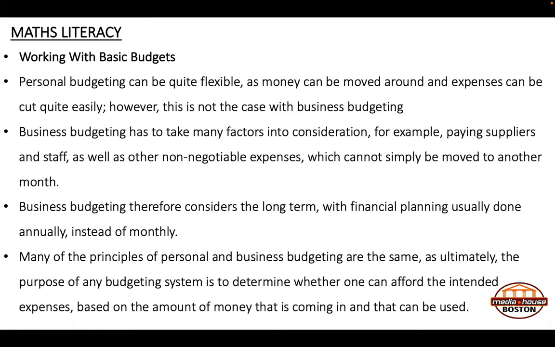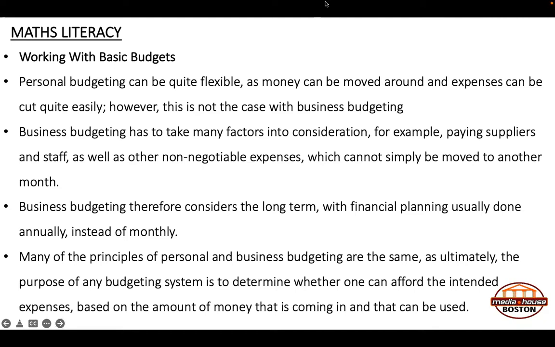And salaries and wages is one of the most important things. Paying your suppliers, paying your rent, you have to pay these kinds of expenses. There's no way around it, okay? So those are fixed variables, and you can't really change them.